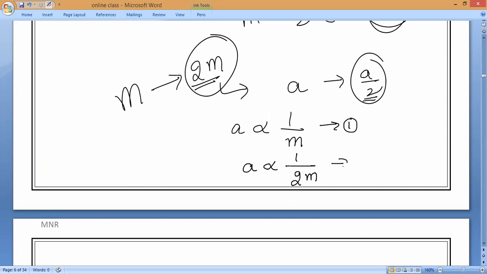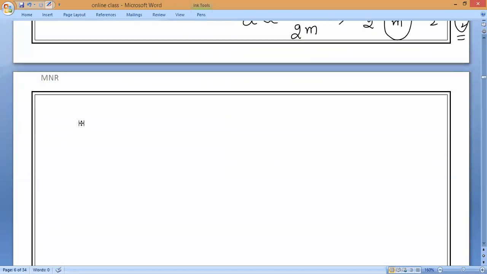So now I will write this as 1 by 2 into 1 by m. So 1 by m is equal to what? Acceleration. So 1 by 2 into a, which is equal to a by 2. So a by 2 means acceleration becomes how much, guys? Half.